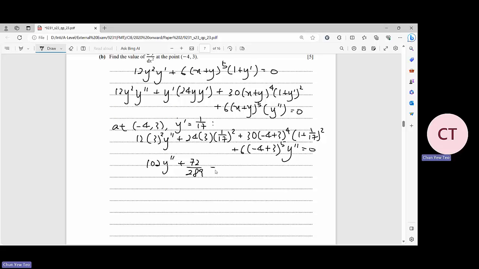Then this one is 1 plus 1 over 17 squared, then multiply 30, which is 9720 over 289.